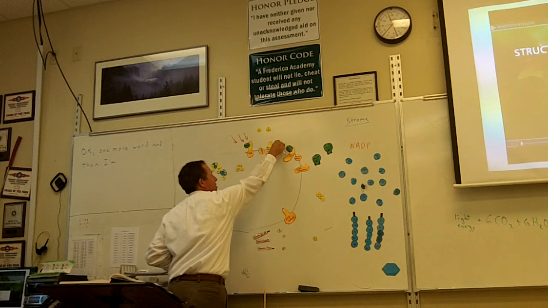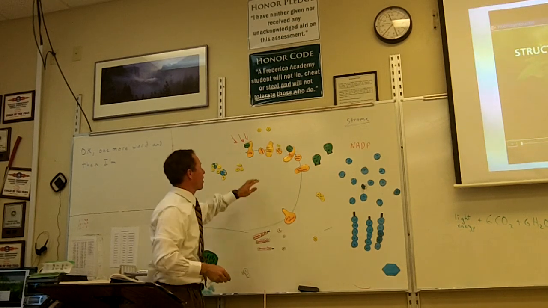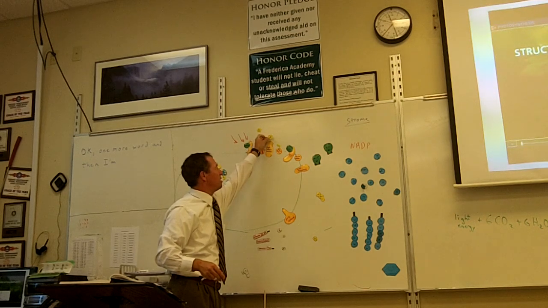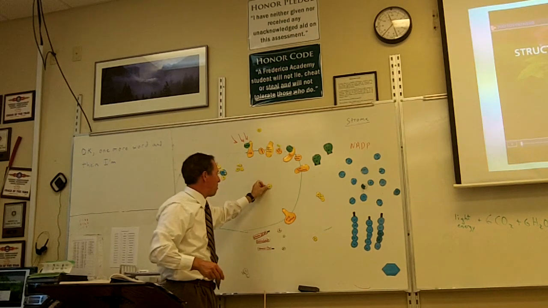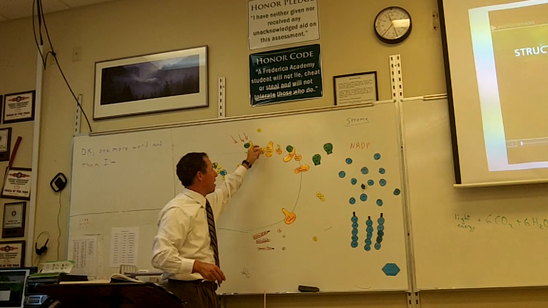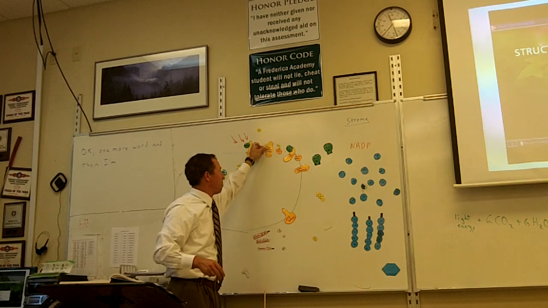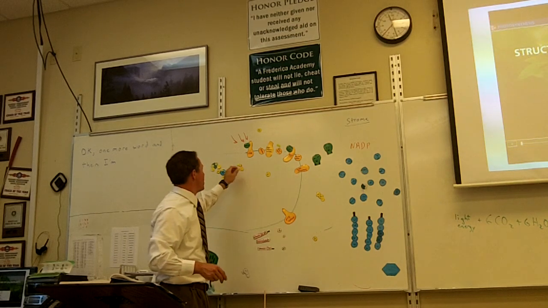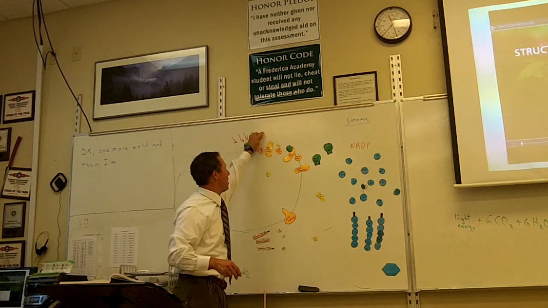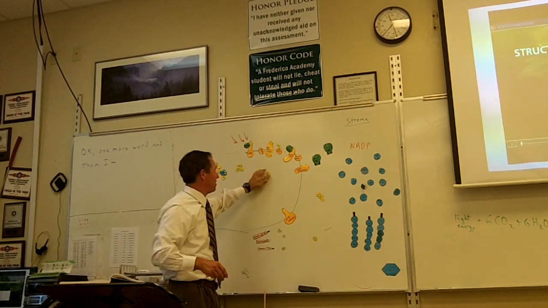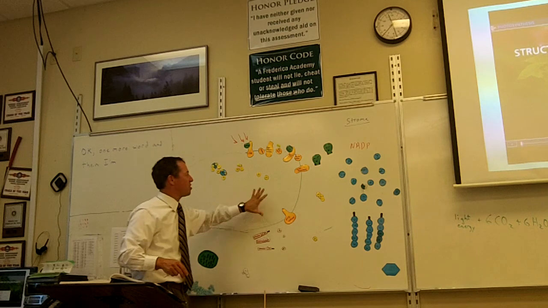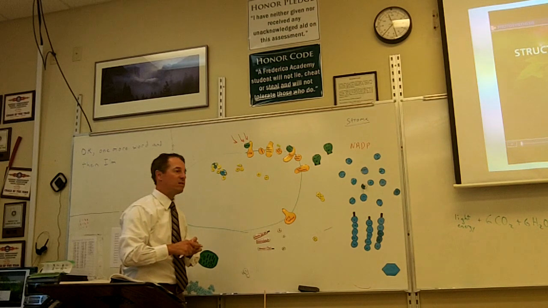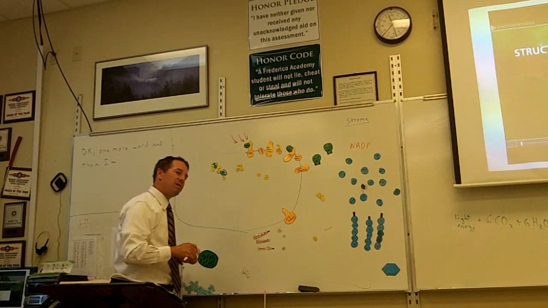And as the electrons move down the transport chain, hydrogen ions, also called protons, get pumped inward by active transport. They get pulled in this way. And so every time electrons go down, hydrogen ions get pulled in. We're going to build up a large concentration of hydrogen ions down here, you'll see. Are you with me?